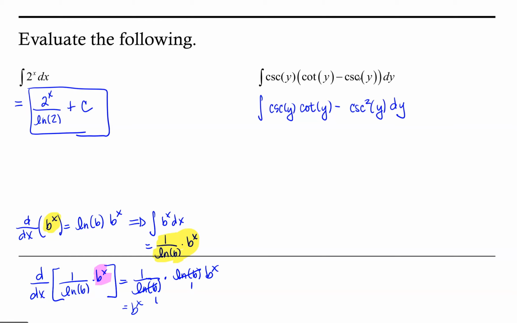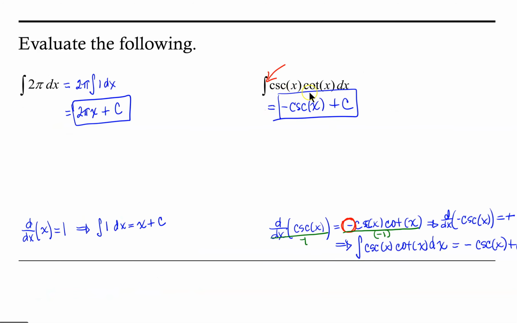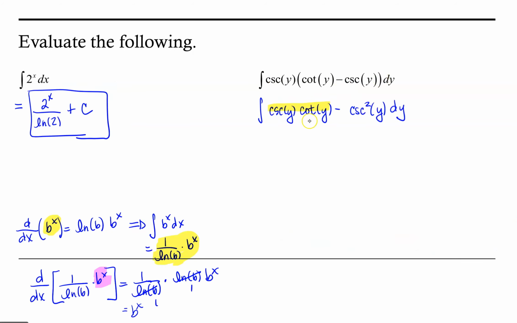Now, we actually already found an antiderivative for cosecant x times cotangent x, we saw that that is actually negative cosecant of x. So we'll go ahead and use that, except our variable this time is y. So we will have negative cosecant of y.